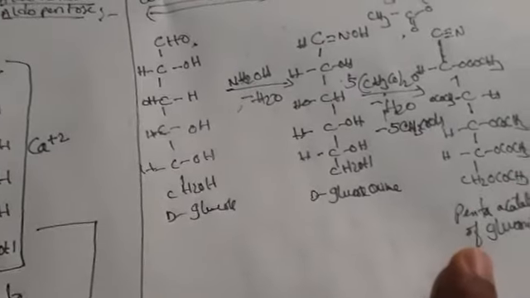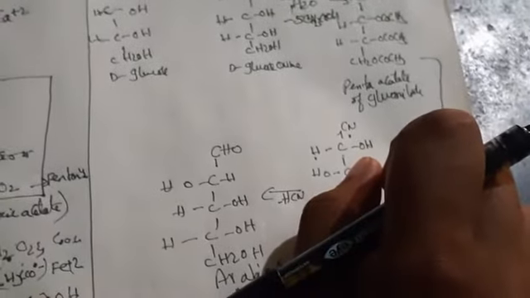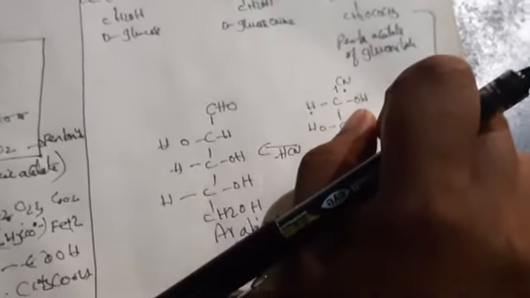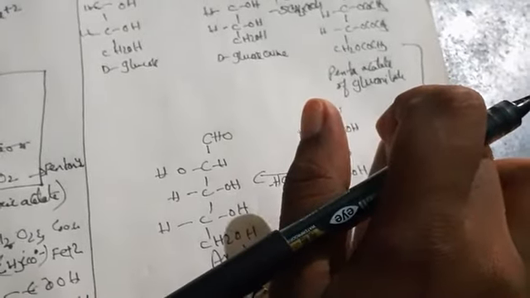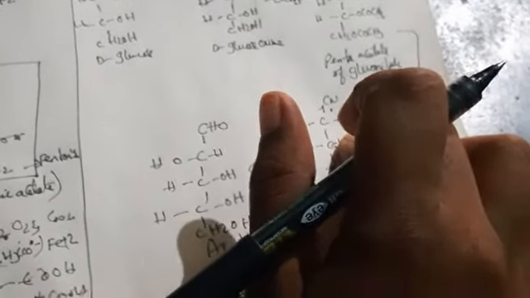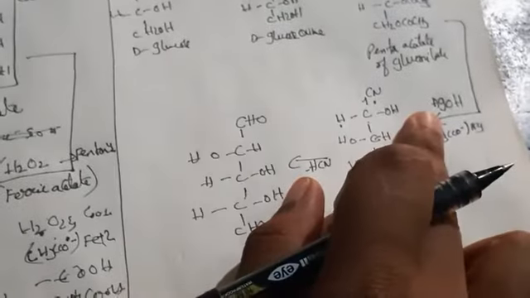This product is heated with Tollens reagent, ammoniacal silver nitrate. When we do hydrolysis, the acetyl groups are converted.